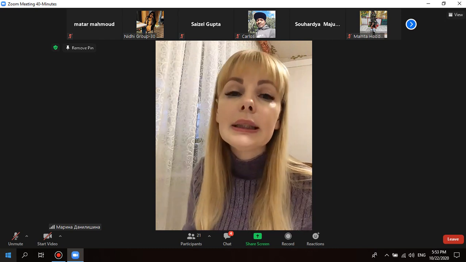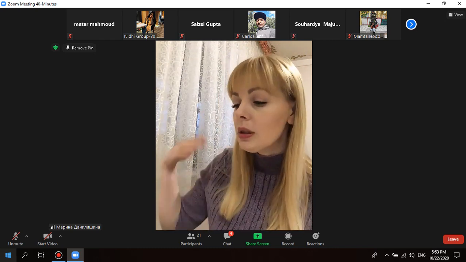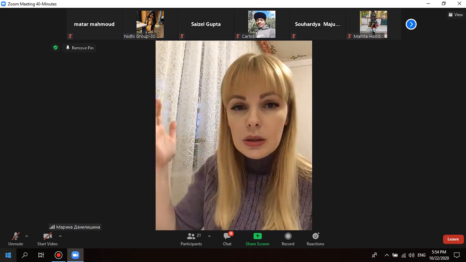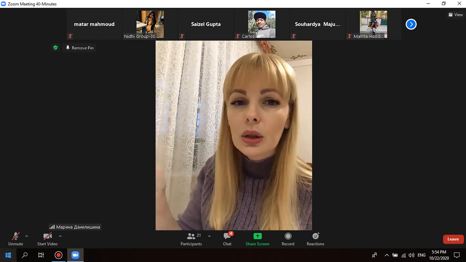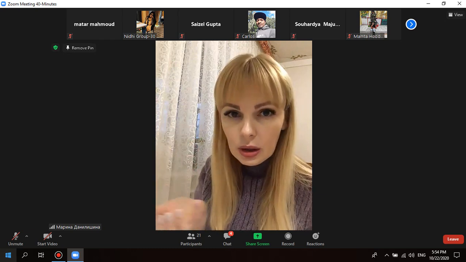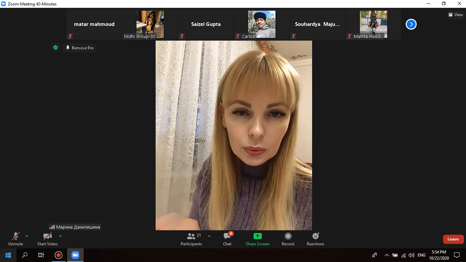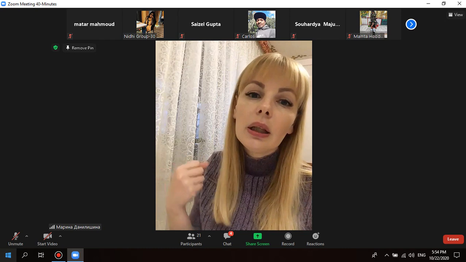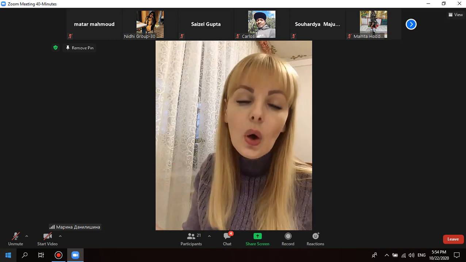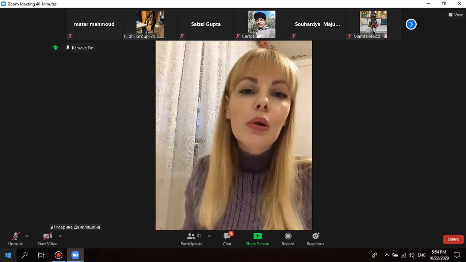Yes, these are muscles connected between the visceral layer of the ventricle and the valve, and their function is opening and closing of the valvular cusps.